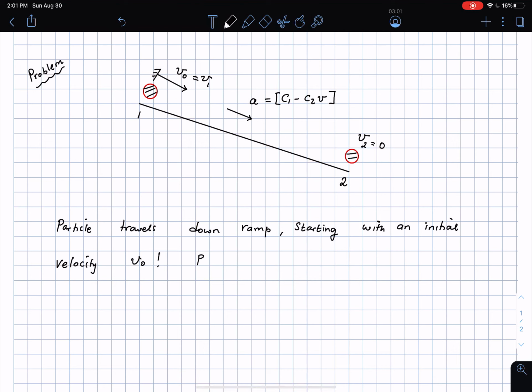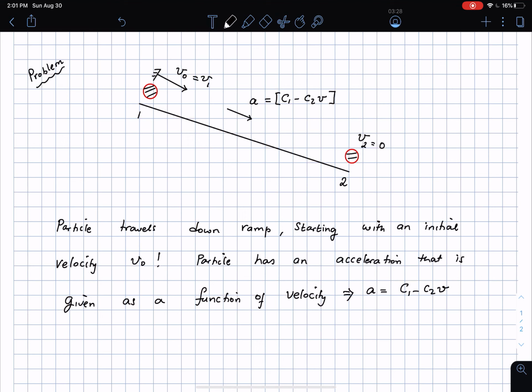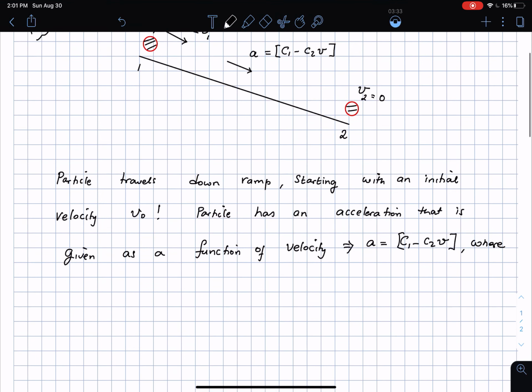The particle has an acceleration that is given as a function of velocity, and this is a = c1 - c2 v, where c1 and c2 are some constants.